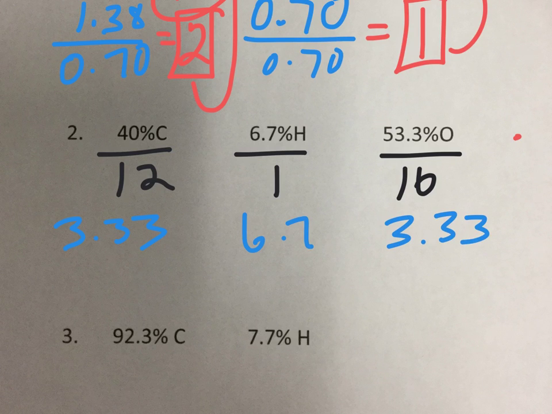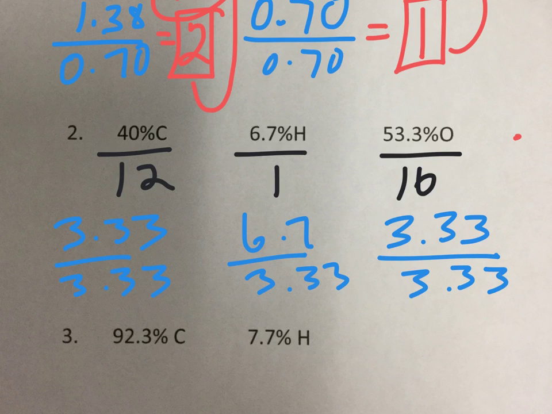So here, again, you're going to divide by the smallest number. My smallest number is 3.33. Therefore, carbon is a 1, oxygen is a 1. For hydrogen, 6.7 divided by 3.33 equals 1.8.